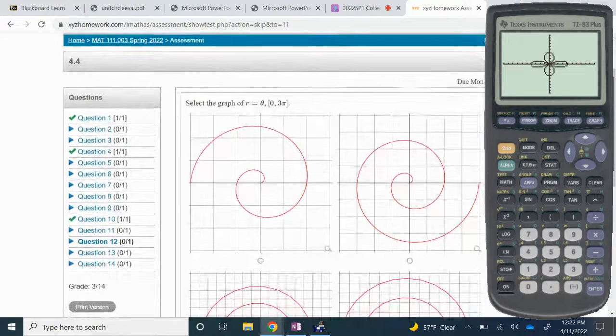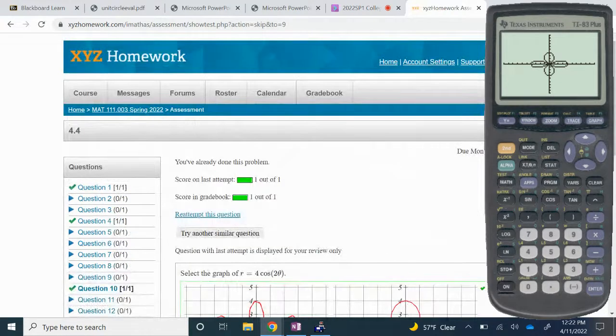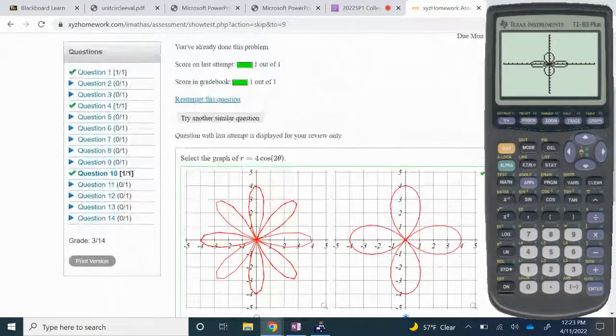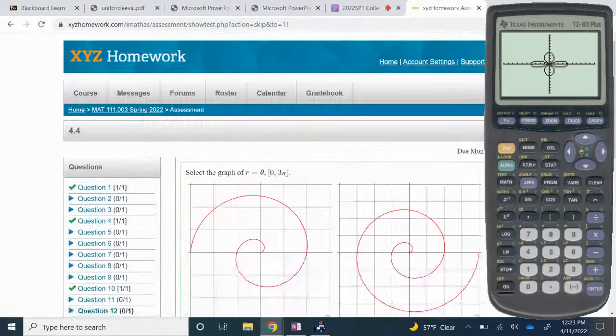Okay, now here's one you've got to pay careful attention to. This is problem number 12. All right, so notice, and I did not quite point this out on the last couple of problems, for number 12, they give us this interval from 0 to 3 pi, right?